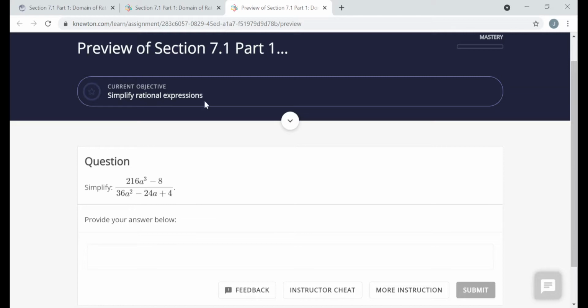Alright, a rational expression is a fraction in which the numerator and denominator are both polynomials. I'll write this one out and talk about what I'm doing when I'm asked to simplify a rational expression.